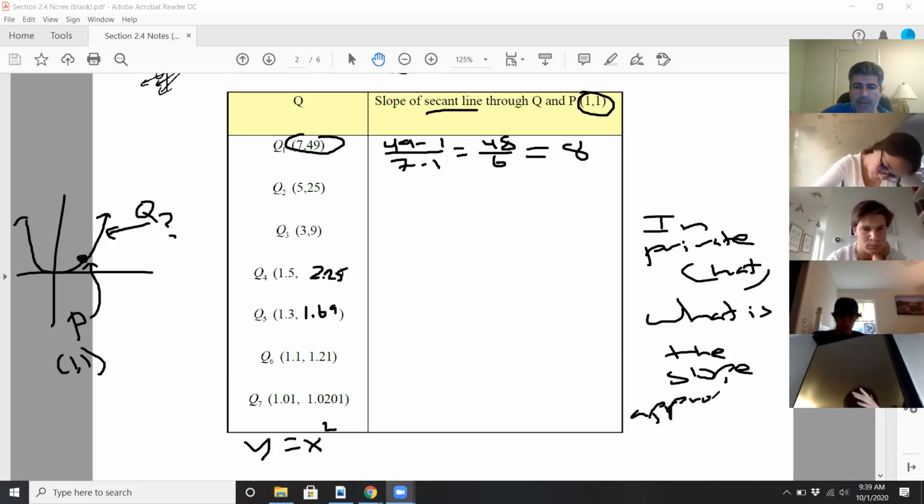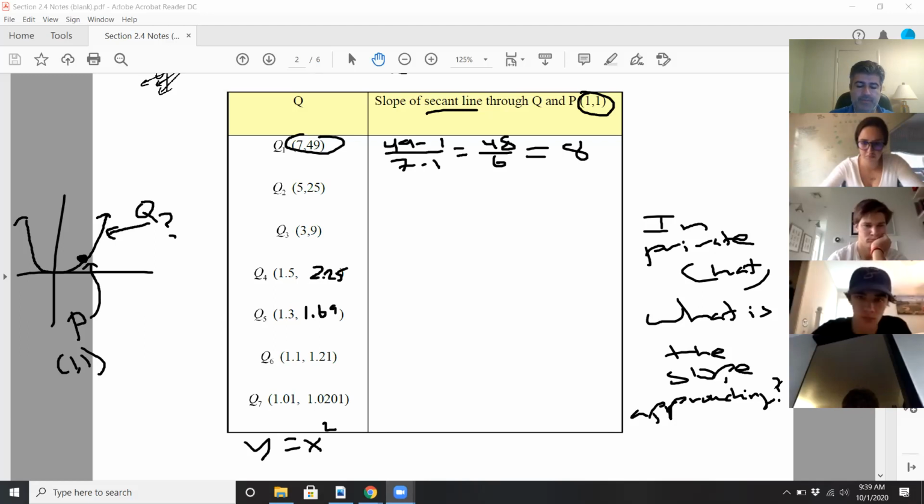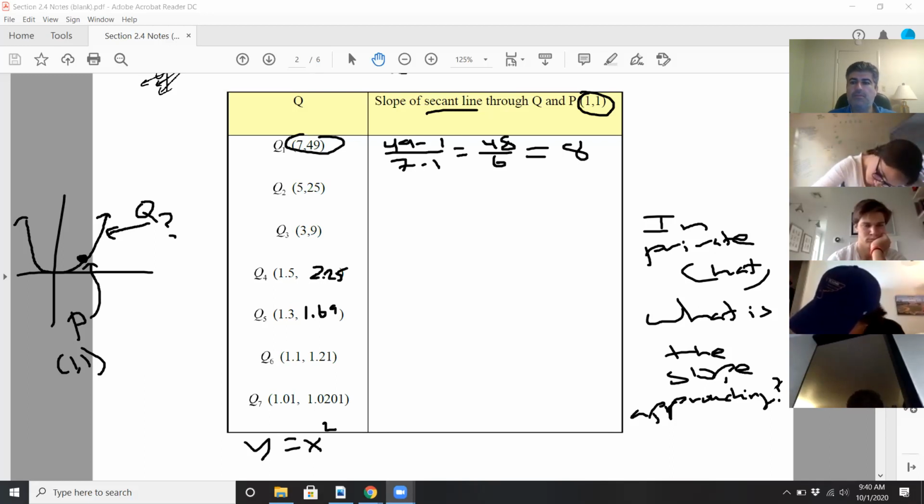So just take a couple minutes to do that. And tell me what it's approaching, as you get closer and closer, as points P and Q start getting closer together. Okay, I see some coming in the chat now.